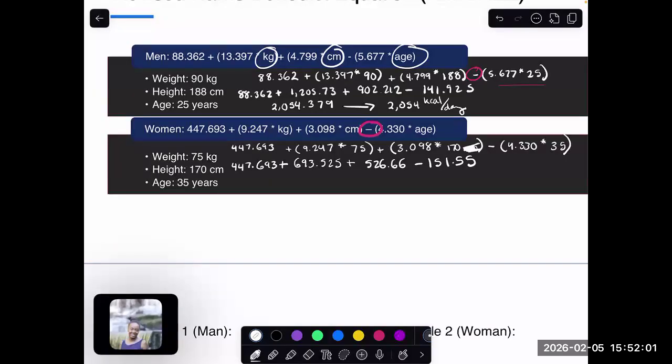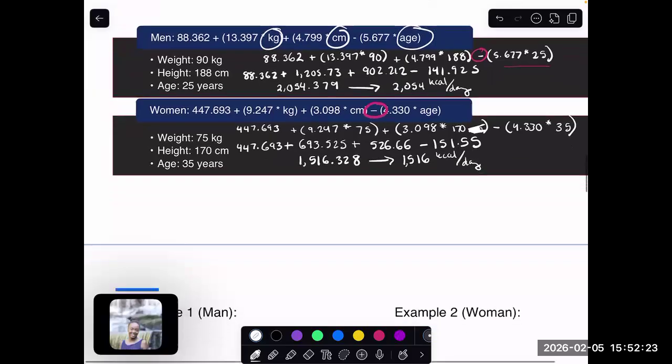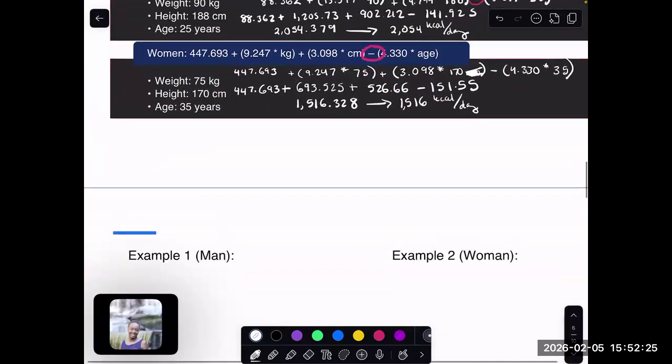And we get, and let me track all my numbers, okay. So we should have a value of 1,516.328. And make sure you check your math, and you can check my math too. And that ends up just being 1,516 kcals per day. So those are the final boss answers.